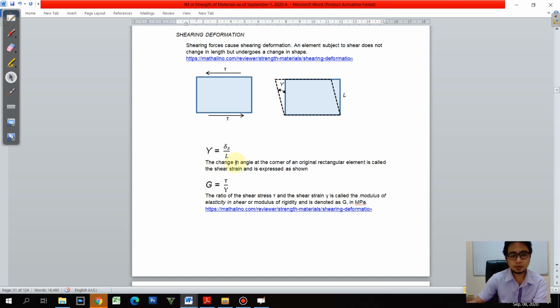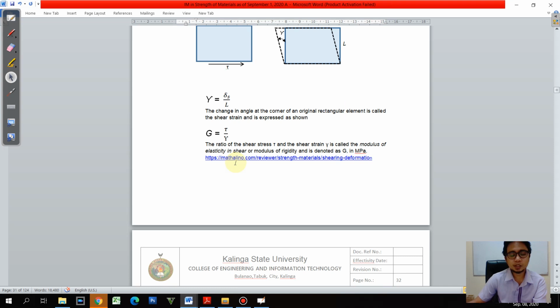So synonymous to modulus of elasticity is what we call modulus of rigidity. Okay, so remember that modulus of elasticity is the ratio of stress to strain. So this time we'll just replace the modulus of elasticity E with G if we are in shearing deformation. So instead of stress here, it will become tau, or the shearing stress, all over the shearing strain.